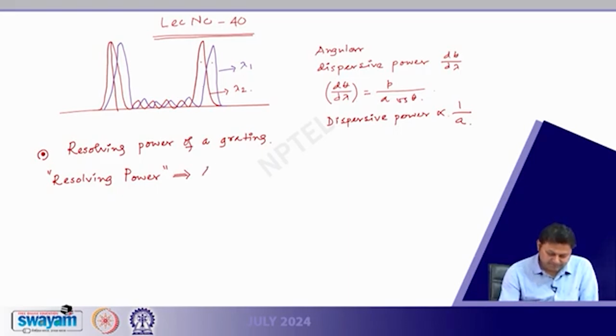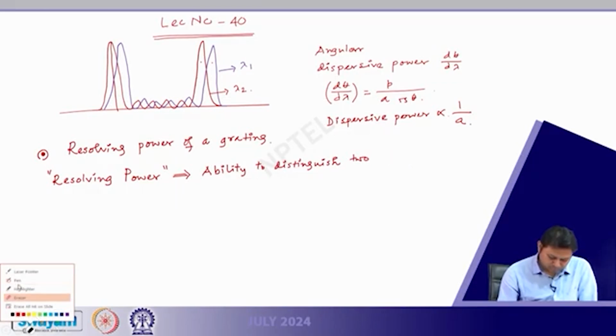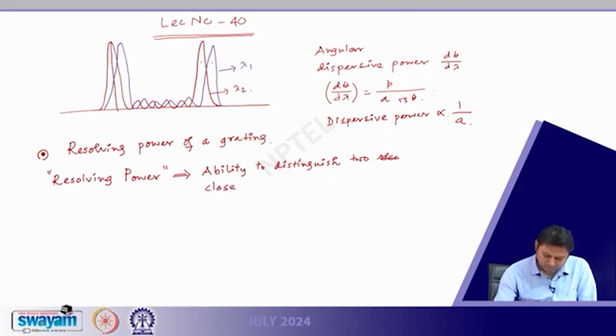Resolving power is the ability to distinguish two close spectral lines.